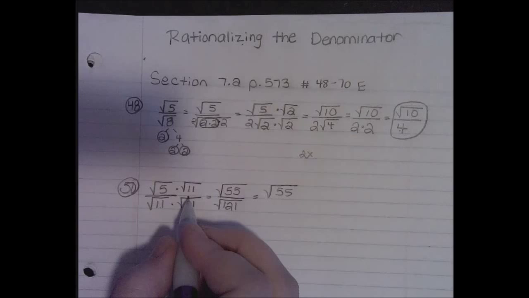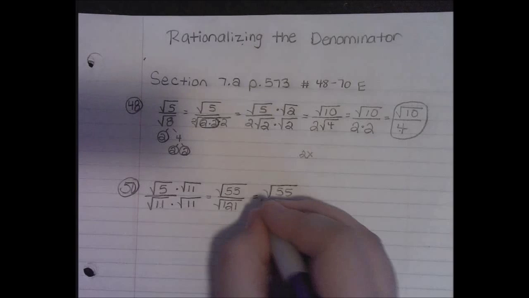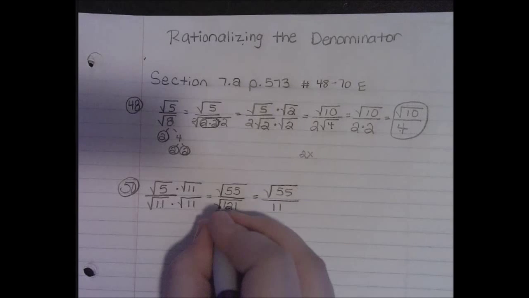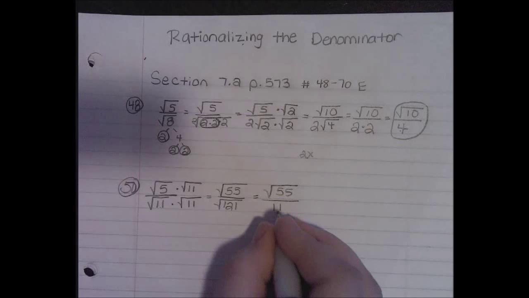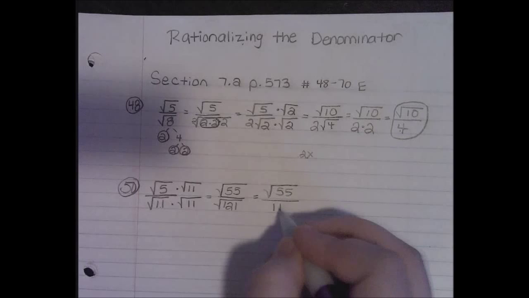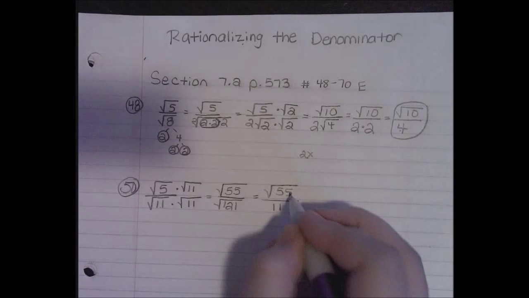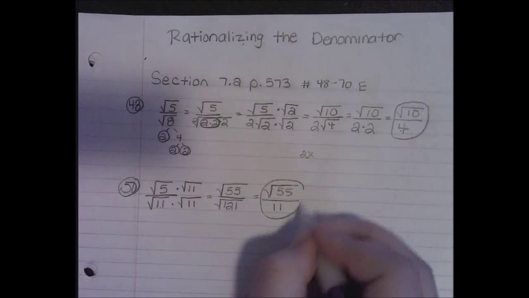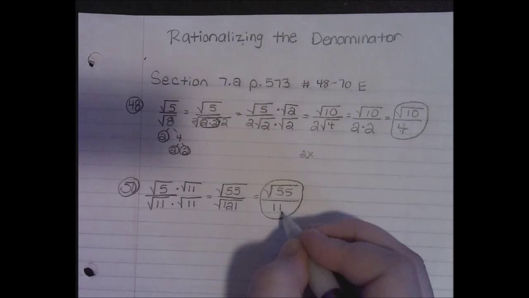So there's nothing that we can break these down to be, so we have nothing to release it. Over 11, because the square root of 121 is 11. Again, we cannot simplify that 55 and 11 because the 55 is under the radical. We are now finished because we have met our goal by getting the radical out of the denominator.